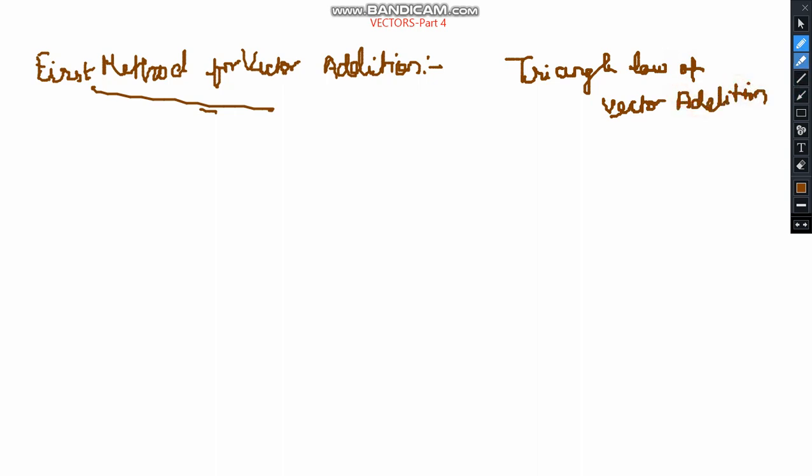In the last 3 parts itself I have used this triangle law. Basically there are two vectors, and the resultant vector is from the starting point where the vector starts to where the head ends. So from the tail to the head, that is exactly the resultant vector.